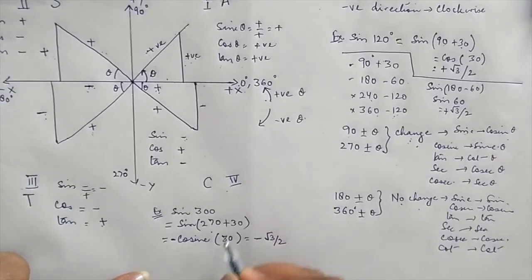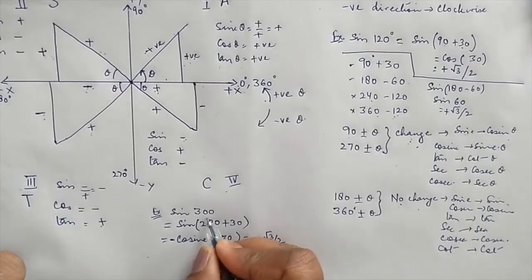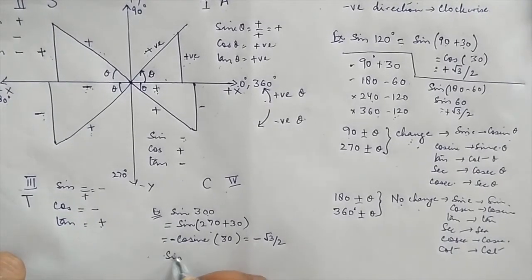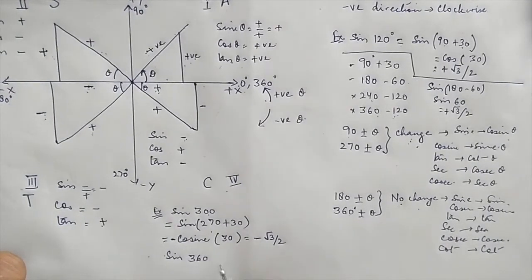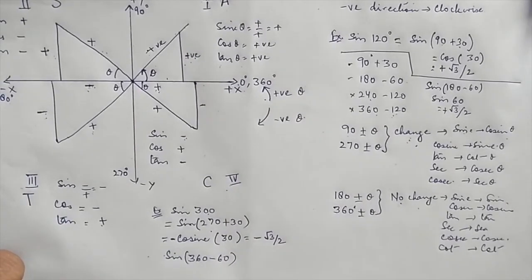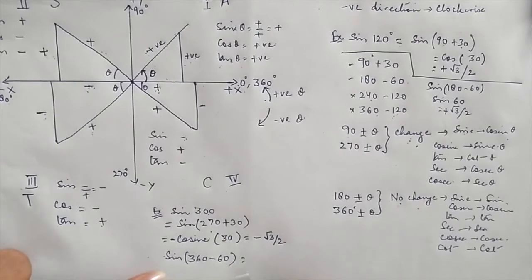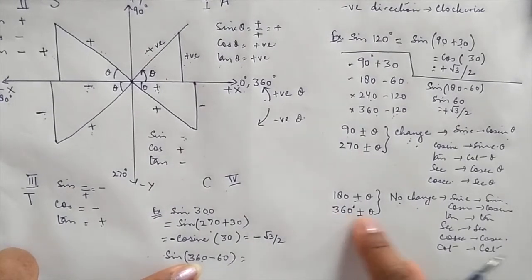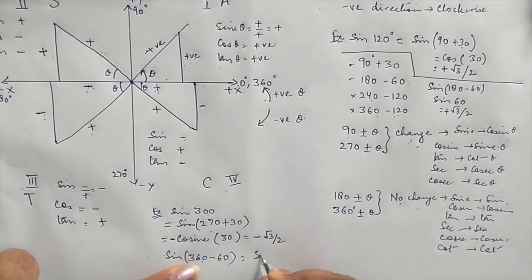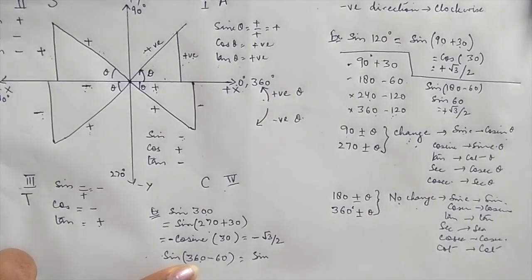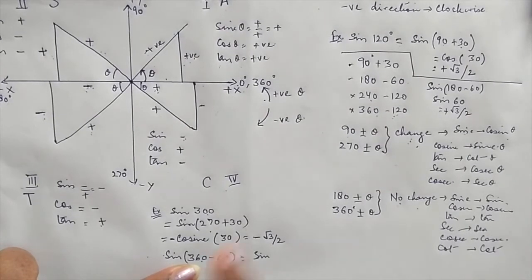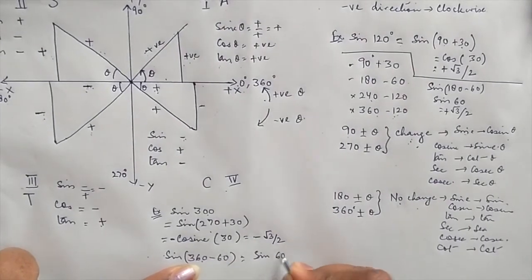Now, let's see another way. I'm still talking about sine, but I'm going to talk in terms of this time 360 minus 60. Now see, this also gives me 300. So therefore now 360 means no change. I am here. So no change. So sine remains as sine. But of what? This time I have the deficit. Deficit of what? 60.